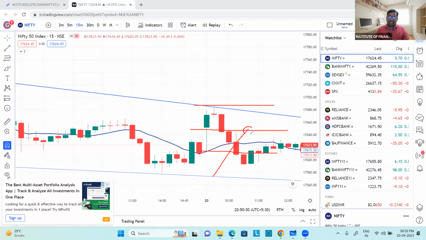You can take your short trade anywhere above this till here, इधर तक आप कहीं भी शॉर्ट ट्रेड ले लो, आपका स्टॉप लॉस इधर रखो. Got it?